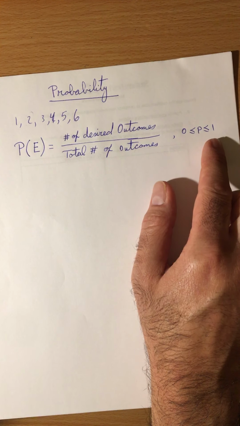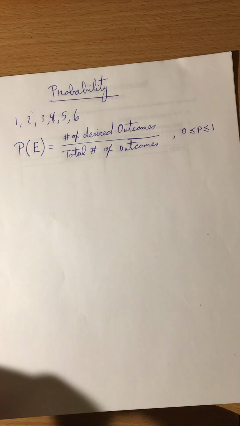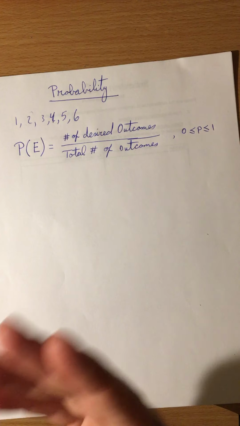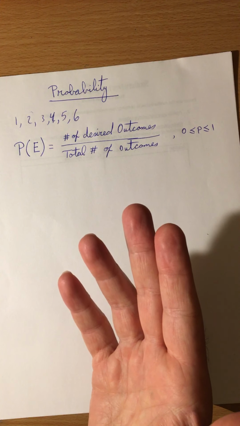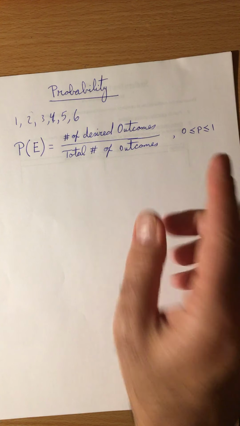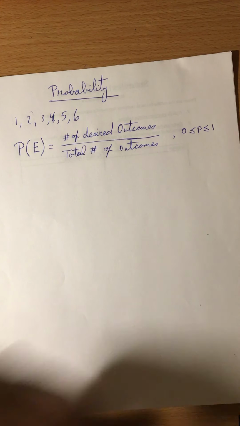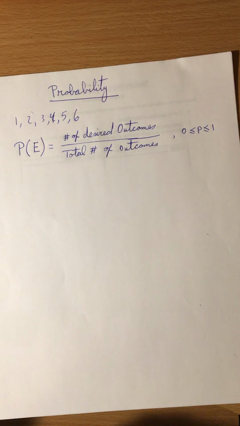It's 100%, or anything in the middle. So, for example, if I say the probability of having rain tomorrow is 80%, that's between 0 and 1. The probability of the sun rising tomorrow is 100%, or 1, hopefully. Otherwise, we won't have life. Okay, so that's how we define probability.